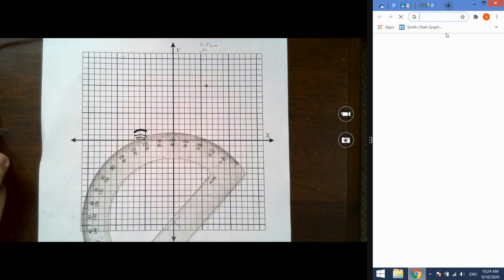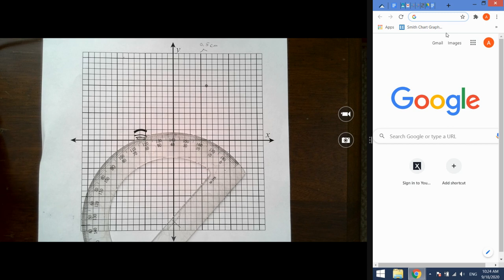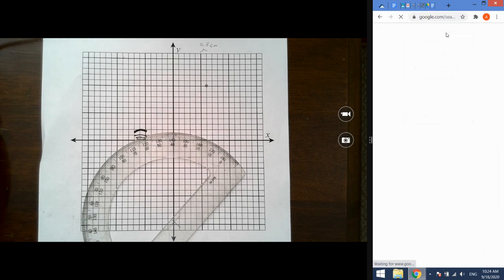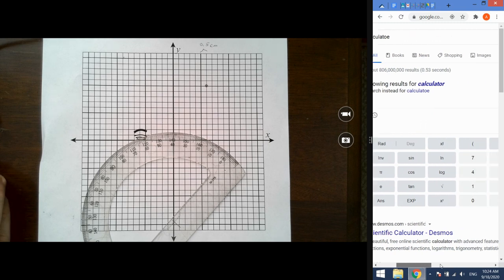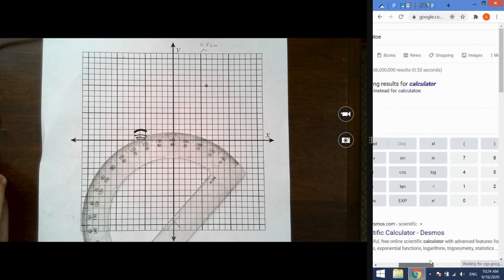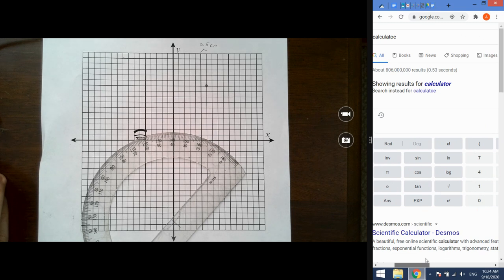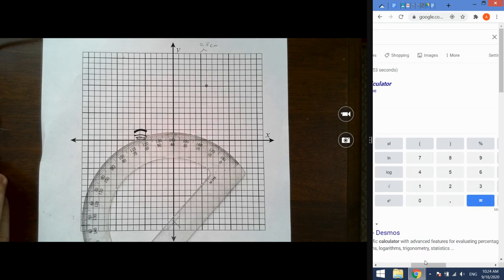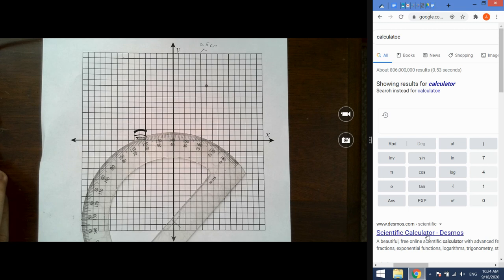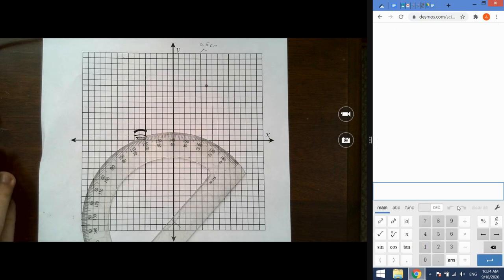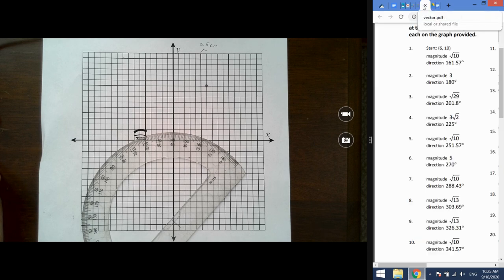So if you want to do that, we'll use a calculator. I'll use the Desmos scientific calculator because I like that a lot better than the original Google one. So we're going to do the square root of the unit, which was root 10.